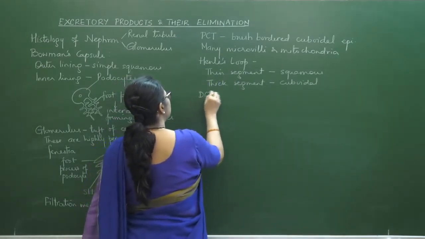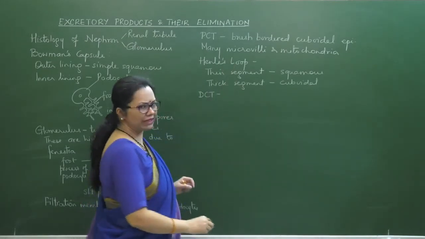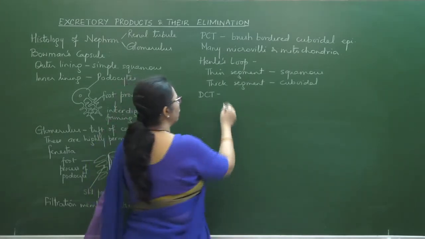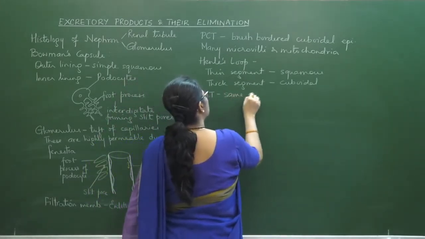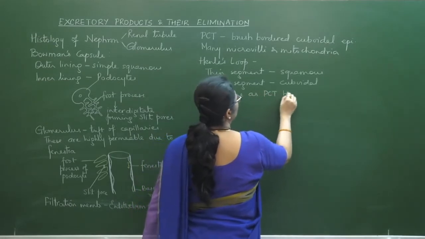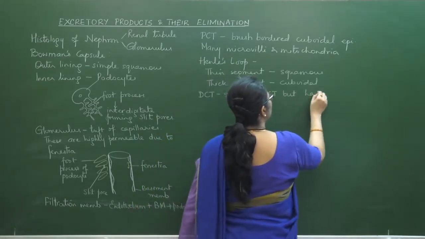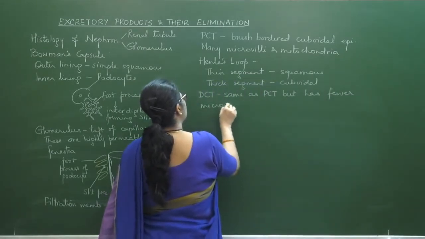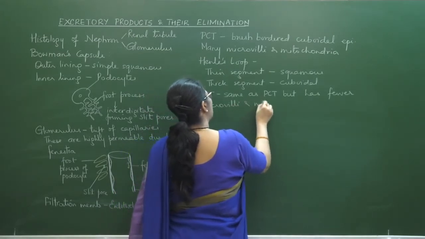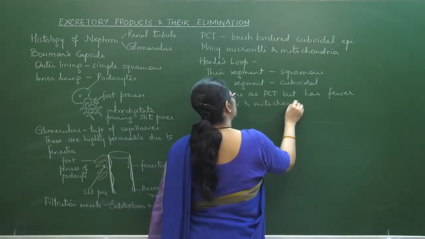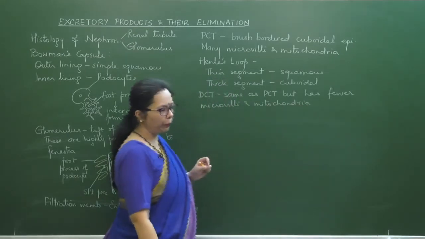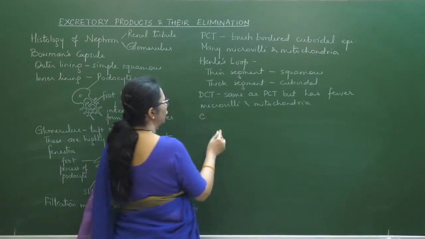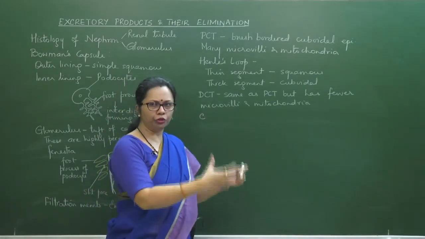Then coming to DCT. Now DCT is same as PCT, same type of lining, but the microvilli and mitochondria are fewer. Then coming on to the collecting duct.